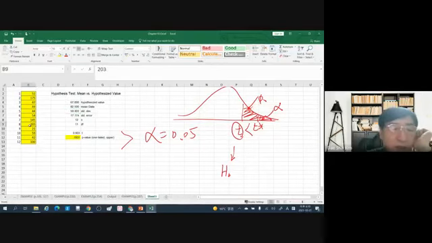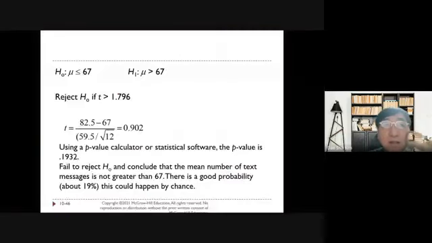Some students send a lot, some students very few, because of the very big standard deviation. We cannot say 82 is bigger than 67. It's almost the same, no difference. So we fail to reject.